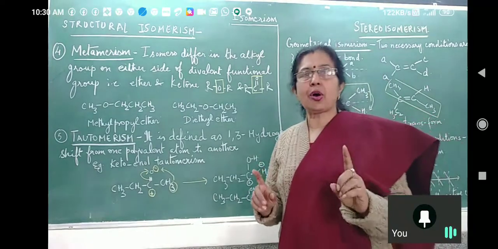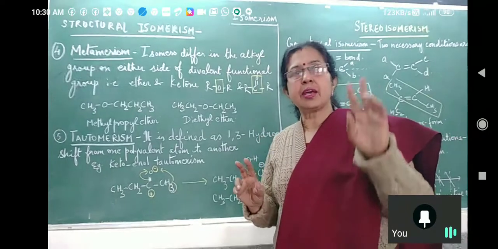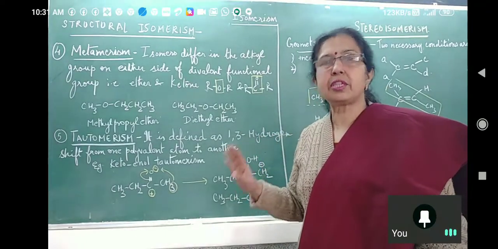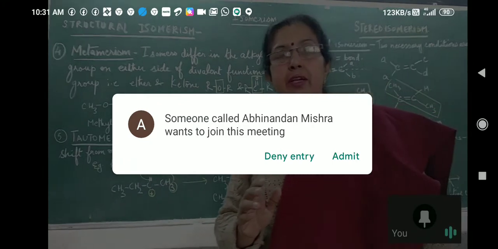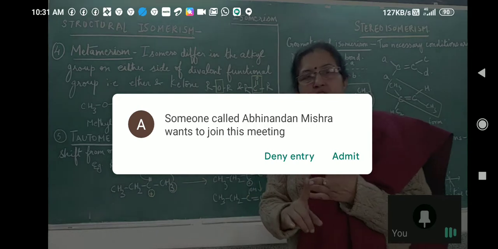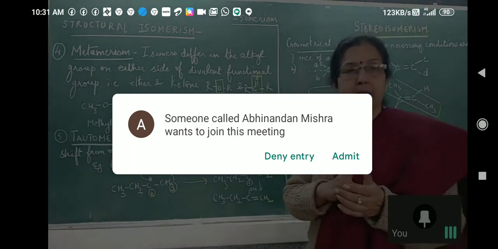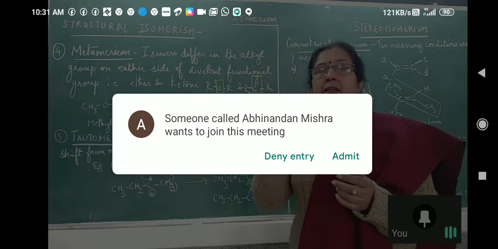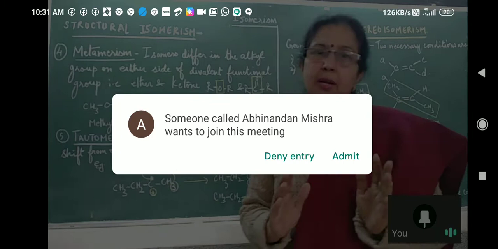Based on these two, isomerism is divided into two types: structural and stereoisomerism. Structural isomerism is divided into chain isomerism, position isomerism, functional isomerism, metamerism, and tautomerism. Stereoisomerism is divided into geometrical and optical isomerism.